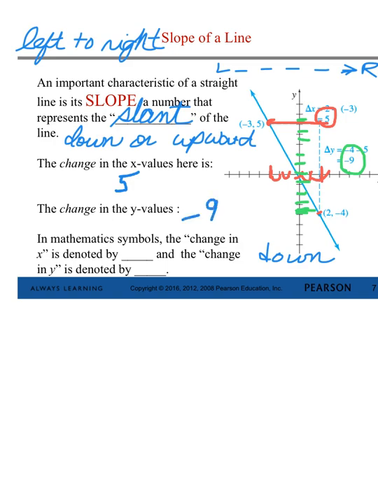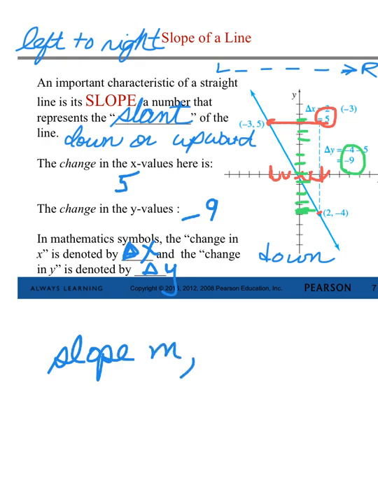And in mathematical symbols, the change in x is denoted by delta, which is a little triangle. It's a Greek letter for D, delta x. And the change in y is referred to as delta y. And that's important because that's how we express the formula for slope, which we use M to stand for.